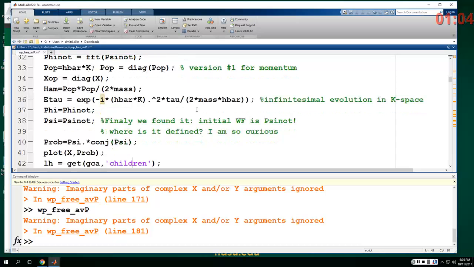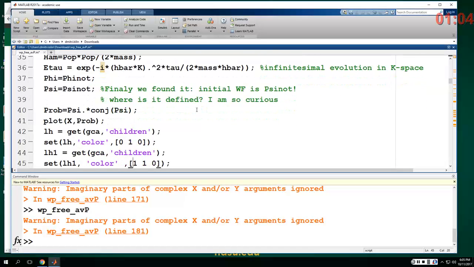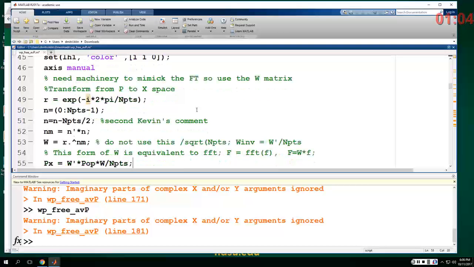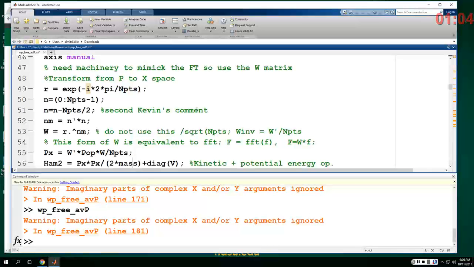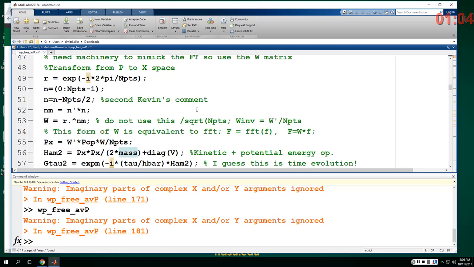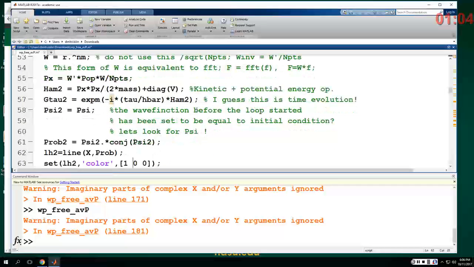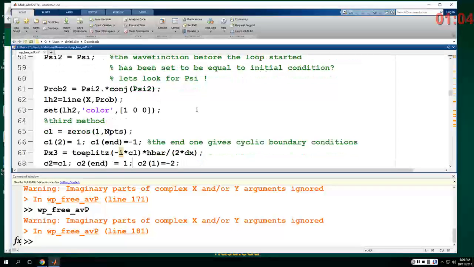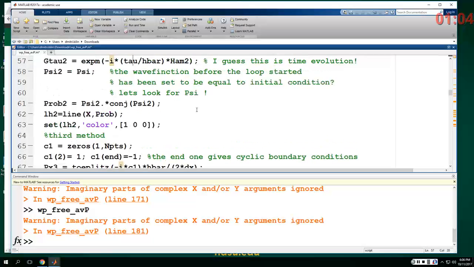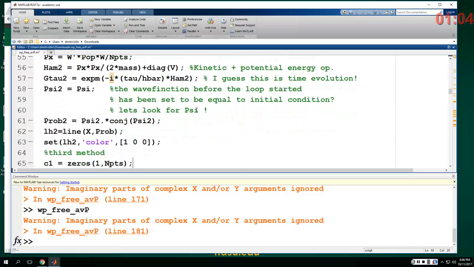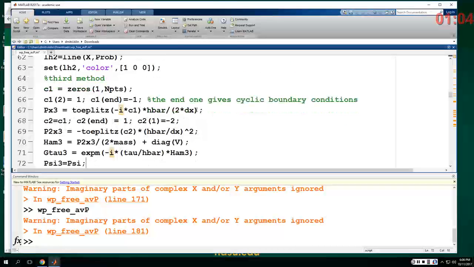Screen00. Should be above G tau 2. Yes, should be above G tau 2. Yes. Let me see if there is another. They both are ugly.